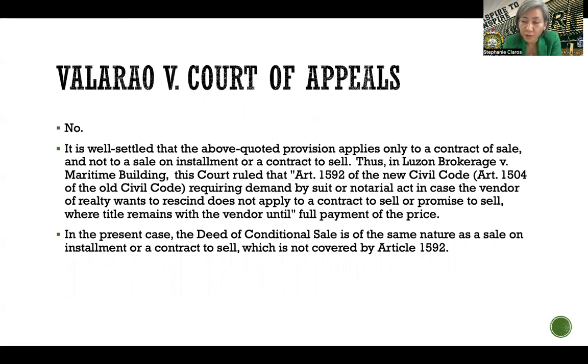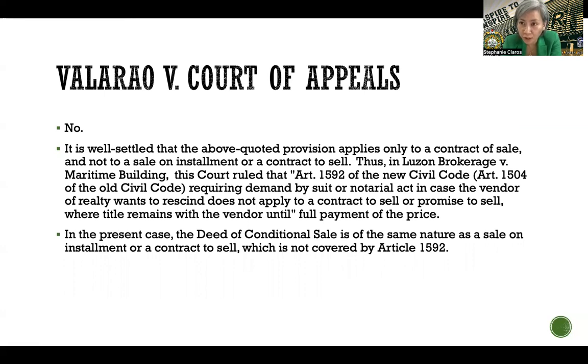Article 1592 only applies to a contract of sale and not to sale on installment or to a contract to sell. So as early as the case of Luzon Brokerage versus Maritime Building, the court already held that Article 1592 requiring demand by suit or notarial act in case the vendor of realty wants to rescind does not apply to a contract to sell or promise to sell, where title remains with the vendor until full payment of the price.